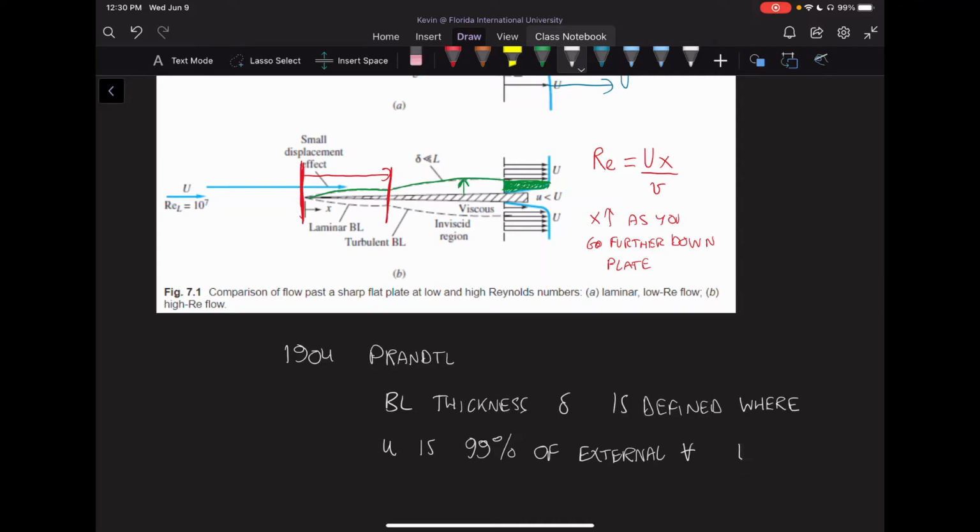And the external velocity in plate flow is usually called a capital U. Okay, so this is a capital U.